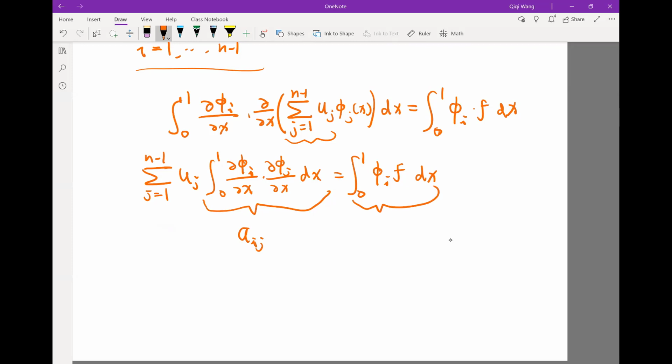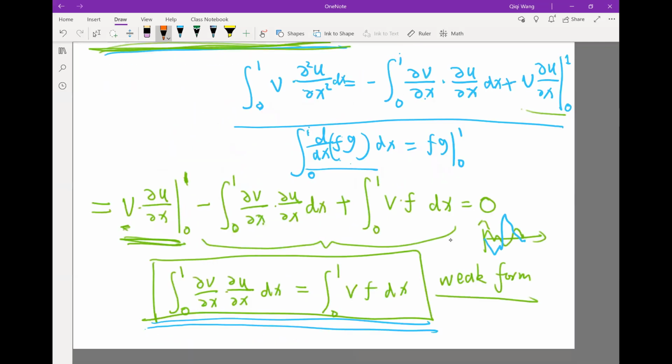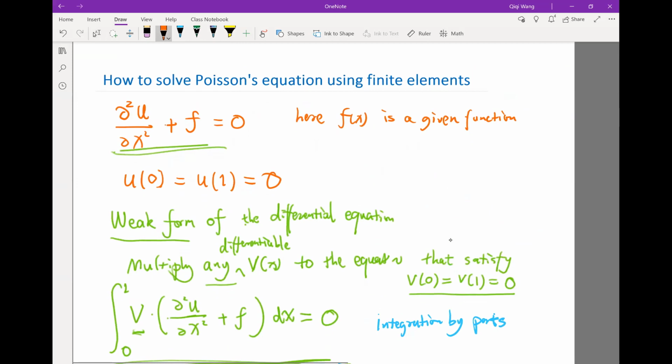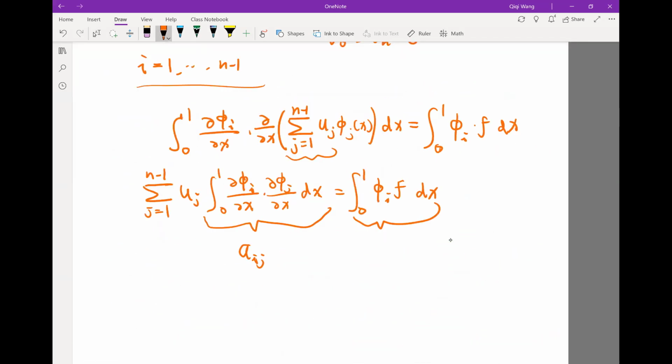Again, we know what phi_i is, we know what f is. f is the right-hand side of the differential equation. It's a given function. We already said that, right in the beginning. So we should also be able to compute this. And let's call this b_i. For every i, this is a different number.